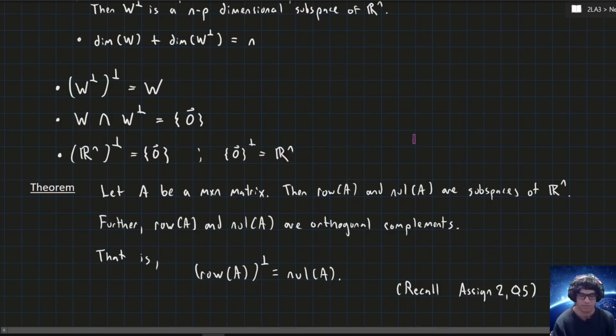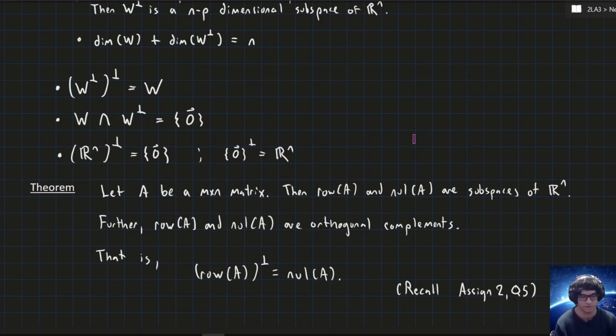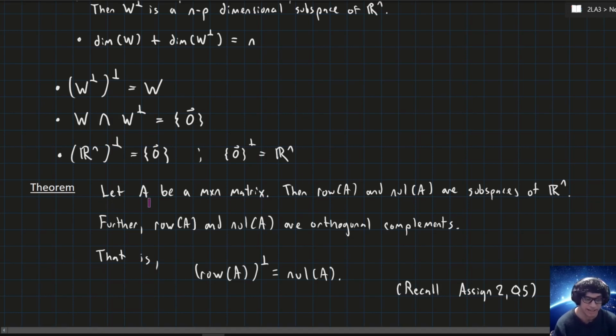Now I'll mention a theorem that you actually proved in one of your assignment questions. If I let A be an m by n matrix, then we know that the row space of A and the null space of A are subspaces of Rn.